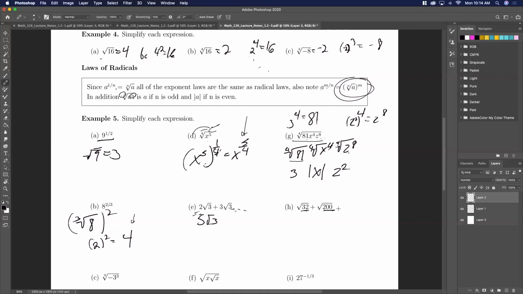Can I do better than that? Well, I can do a lot better than that. Let's start with the 4. So here, this is the square root of 32 or so.